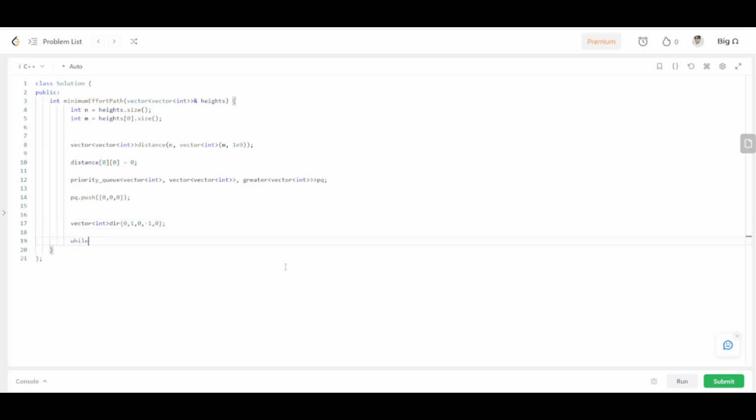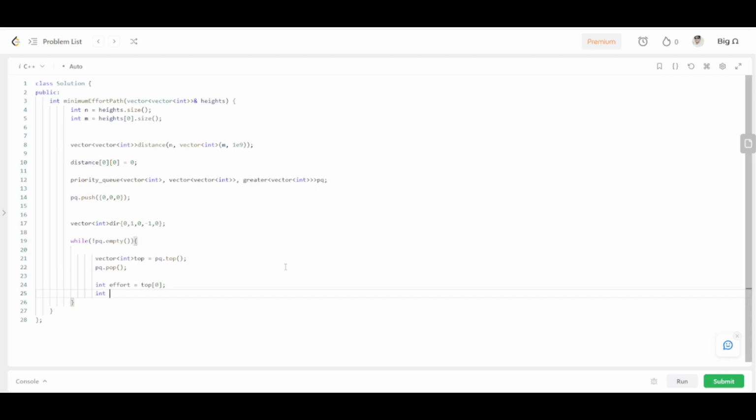Now iterate till we have at least one element in the priority queue. Pop the top element from the priority queue, pq.top, and pop it from the priority queue, and find the effort that we already have, the current effort, which would be the first element in this top vector, the row number which will be the second element, and the column number which is the third element.